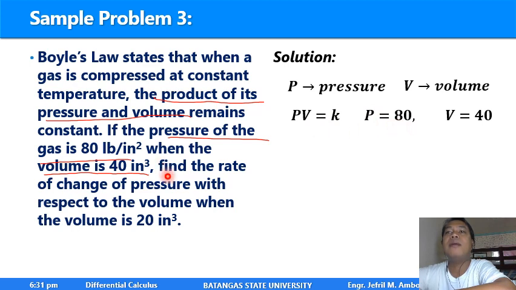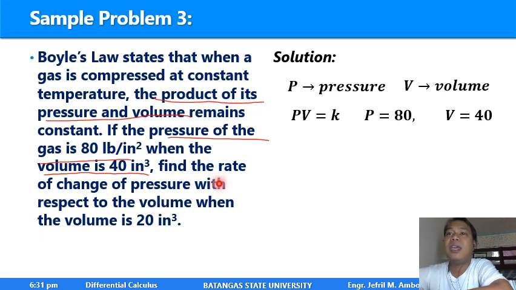Now, what is asked in the problem? Find the rate of change of the pressure with respect to the volume. When you say rate of change, mathematically, what does it represent if it's instantaneous? Yes, you're right. It represents the derivative.